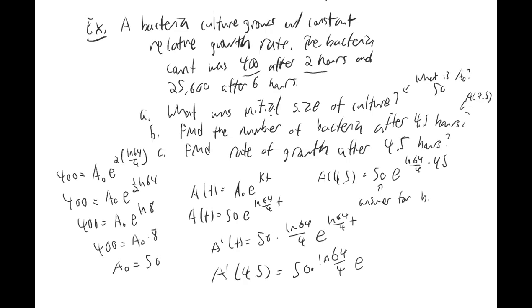Or you could just type this whole thing into WebAssign. So this is the answer for C. Everyone clear so far? It's always the same thing. The information they give you defines K and the initial amount most of the time, and once you know that, the questions become easy.